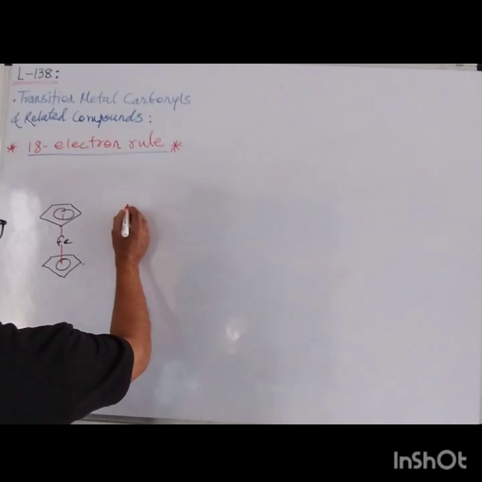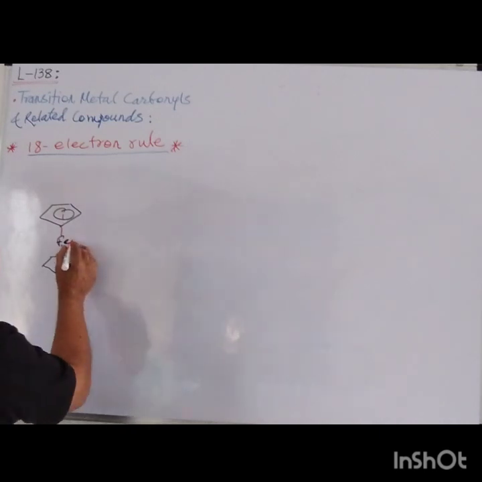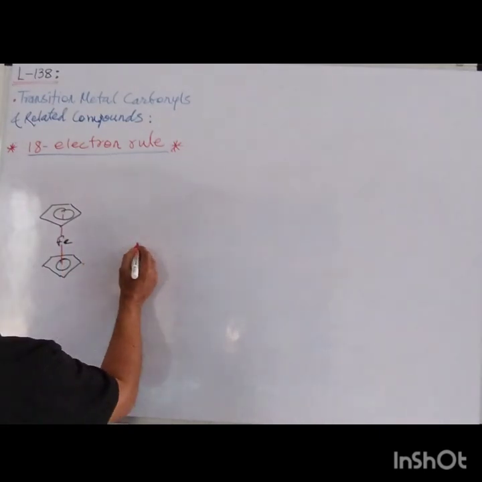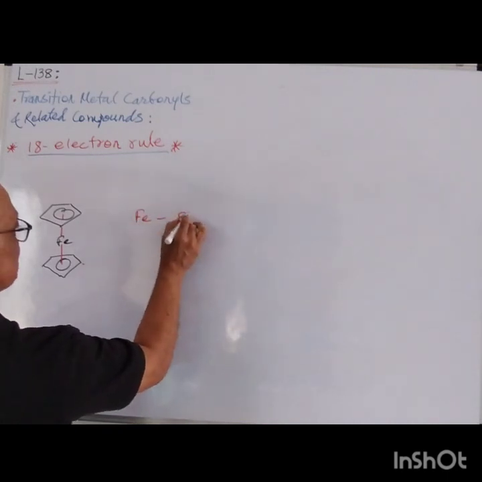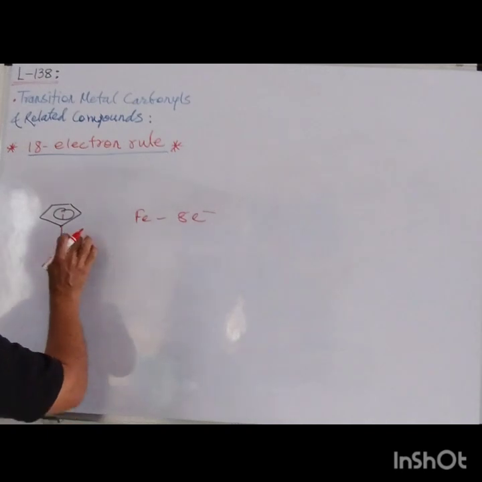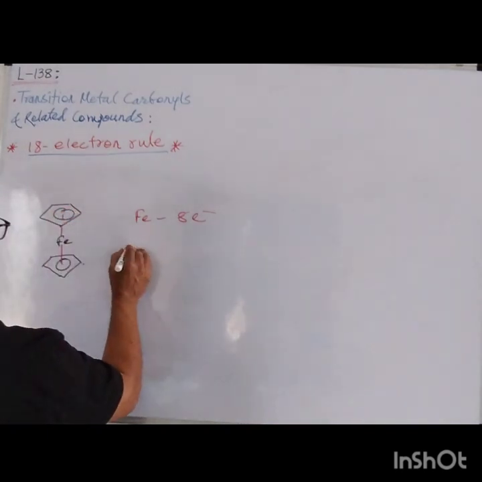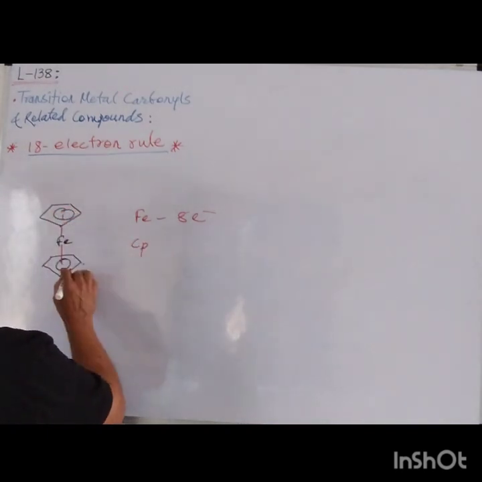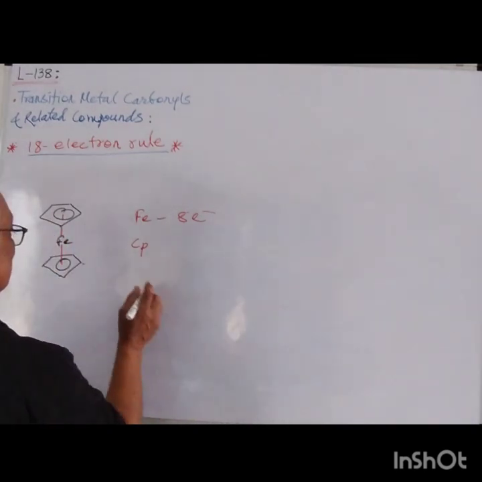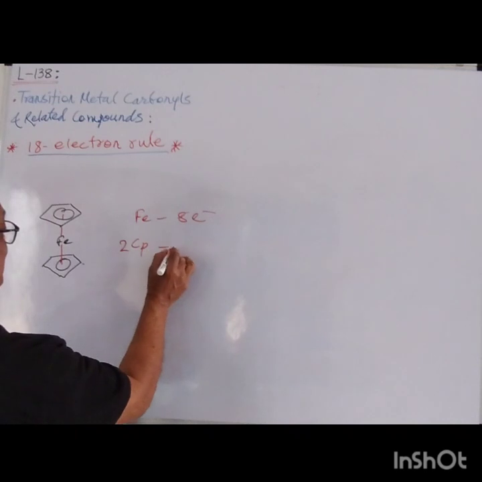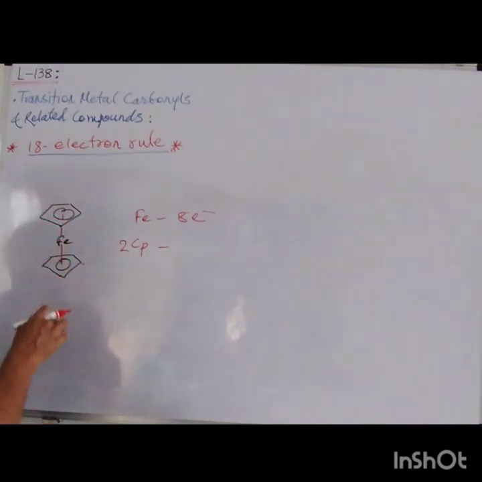Here the electron count is like this. This Fe valence electron count shows that Fe contributes 8 electrons. Then there are 2 cyclopentadienes here, so 2 Cp, and each Cp contributes 5 electrons.